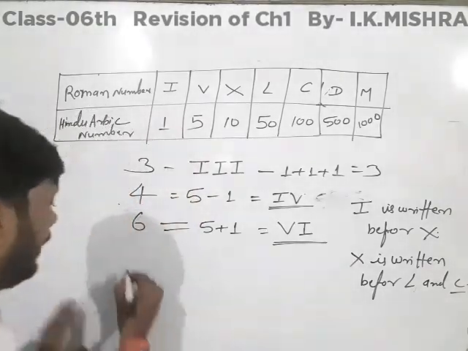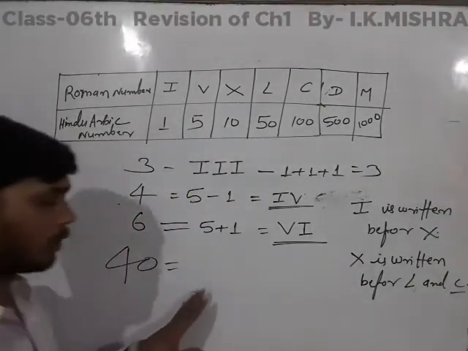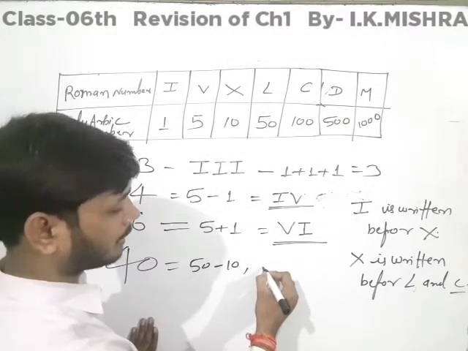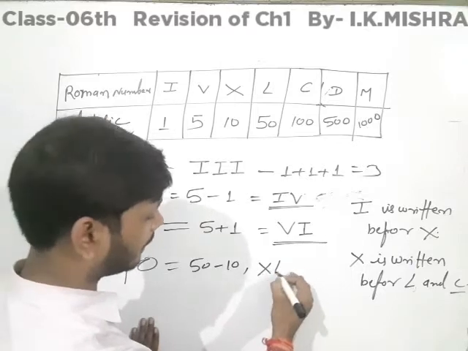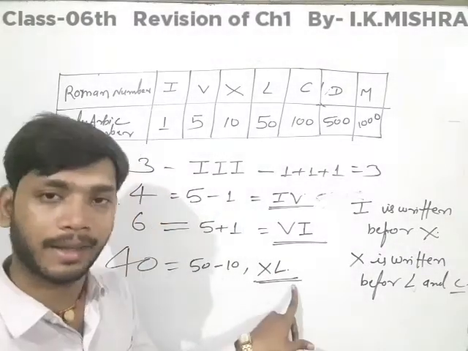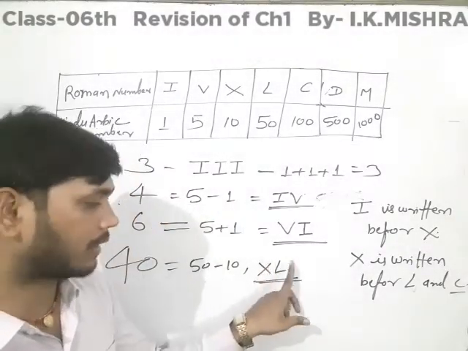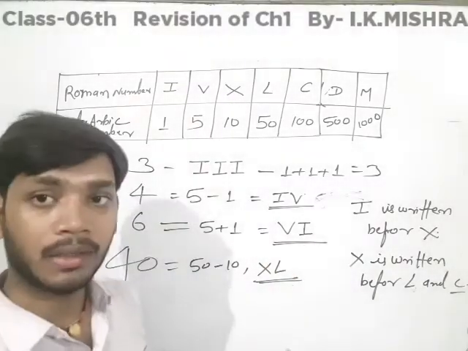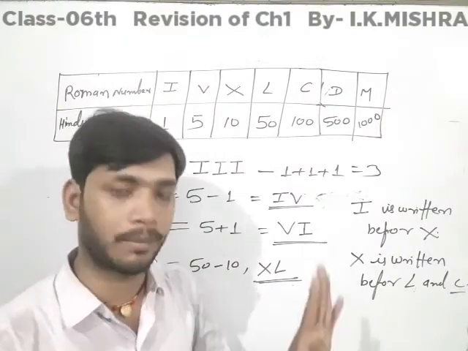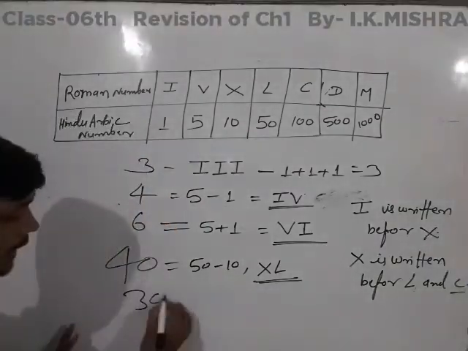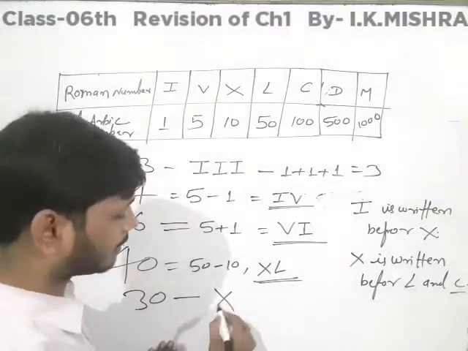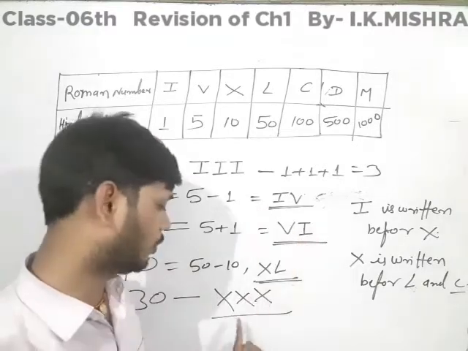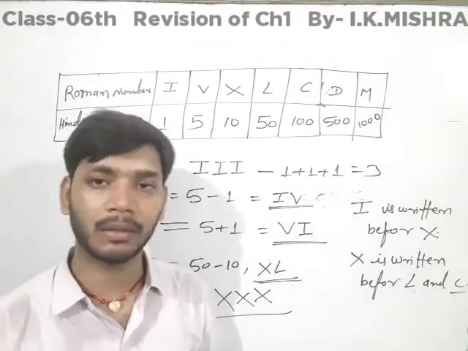Suppose you have to write 40. That means 50 minus 10, so XL. Here X, 10, is subtracted from 50. That means 40. You can't write X 4 times, but for 30 you can write X, X and X. One letter can be used 3 times, not more than 3 times.